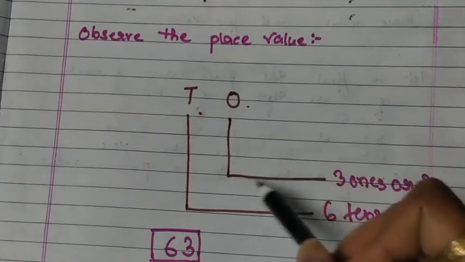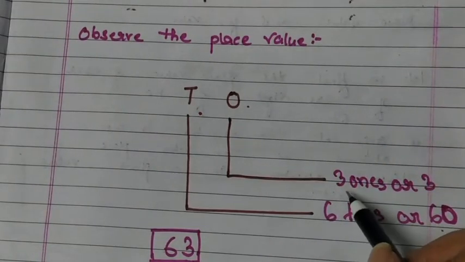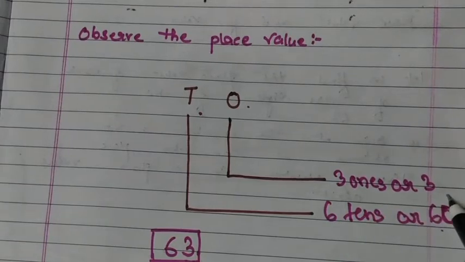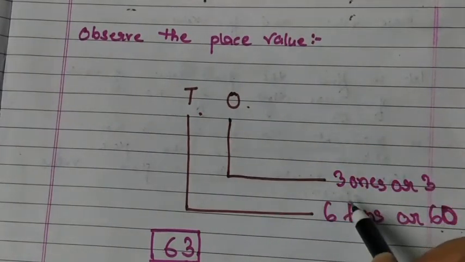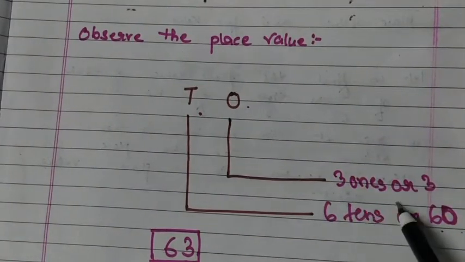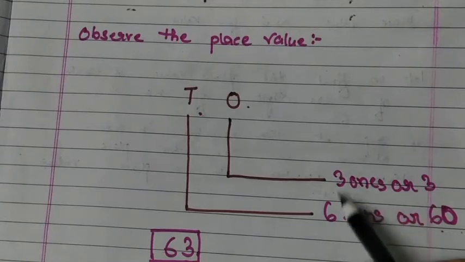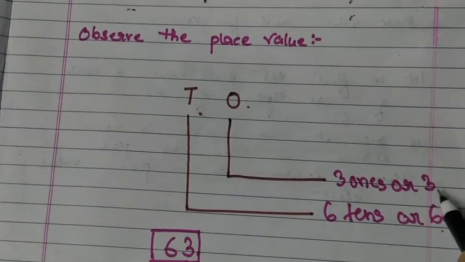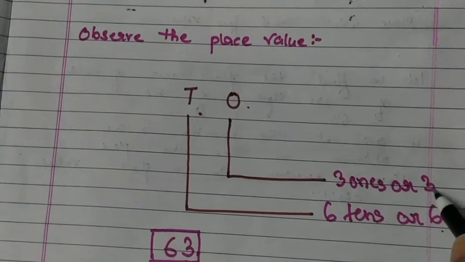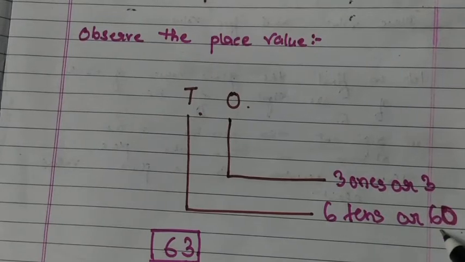In the ones place, 3 ones or 3, because it is in the ones place. The place value of 3 is 3 ones or 3, and the place value of 6 is 6 tens or 60.